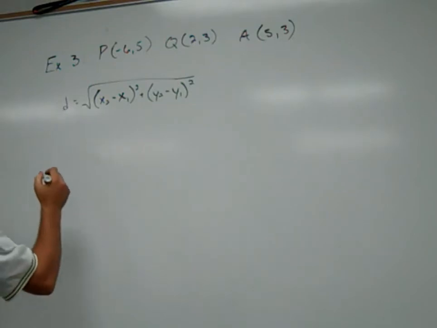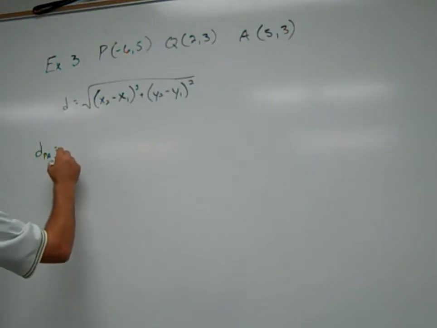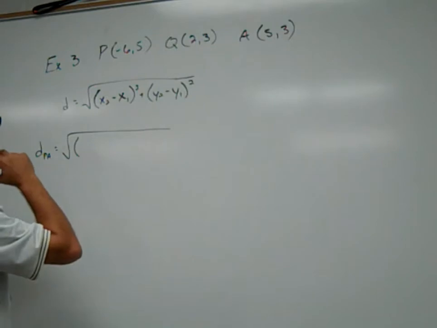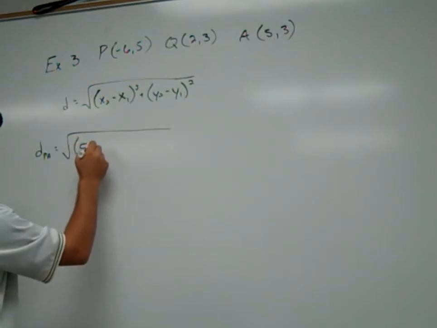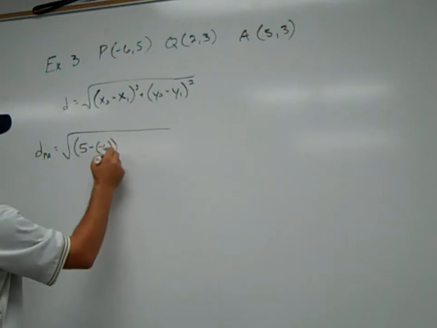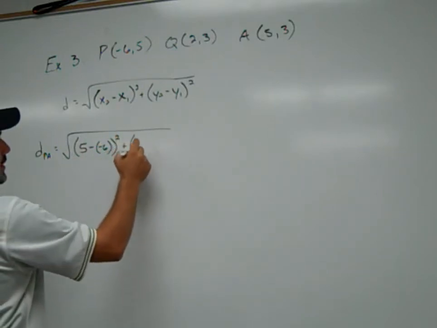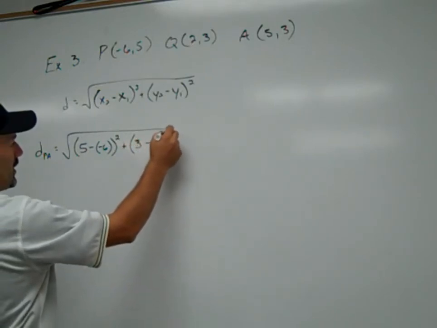That means we need to find the distance from P to A and then the distance from Q to A. So first of all, the distance of PA, using the distance formula, again we're just plugging in the numbers. So using A as point 2, we're going to have 5 minus negative 6 squared plus 3 minus 5 squared.